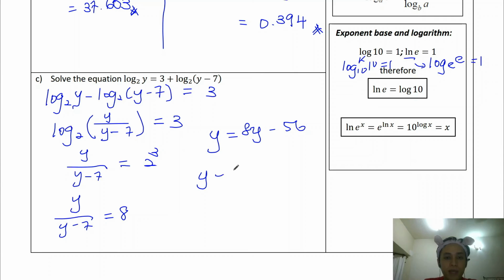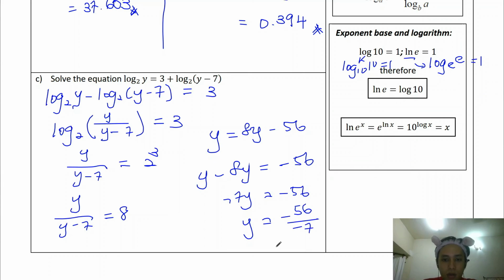So y minus 8y equals negative 56. Divide by the coefficient of y, a lot of y here. So y equals 8.